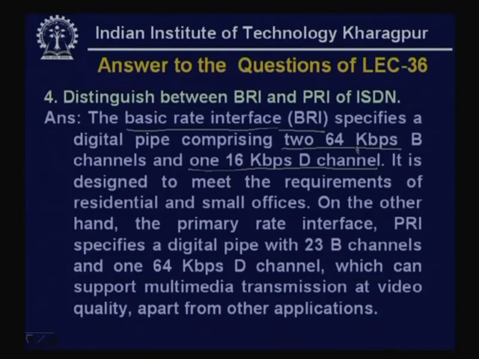So, this is of lower bandwidth and it is designed to meet the requirements of residential as well as small offices. On the other hand, the primary rate interface, PRI, specifies a digital pipe with 23 B channels, each of 64 kilobits per second, and one D channel that also is of 64 kilobits per second.